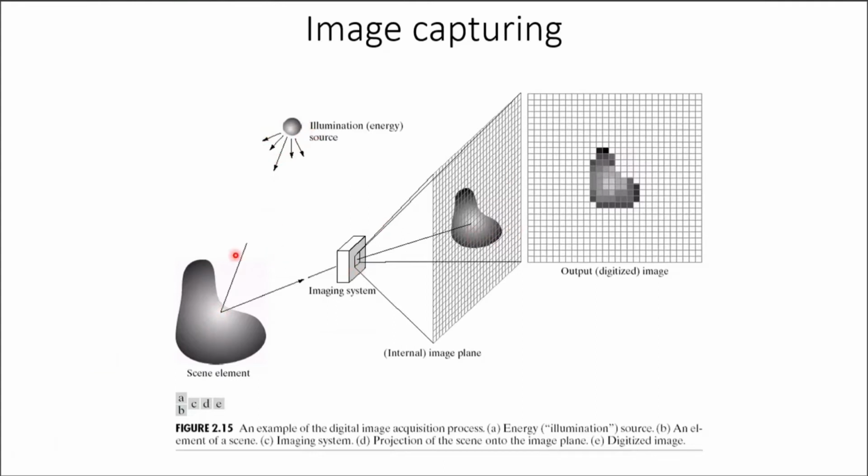The light will make the object either bright or dark, with contrast, illumination, all those things. So light is very important for objects. The light goes to the object and is captured by the imaging system, and it is captured on a digital medium here.